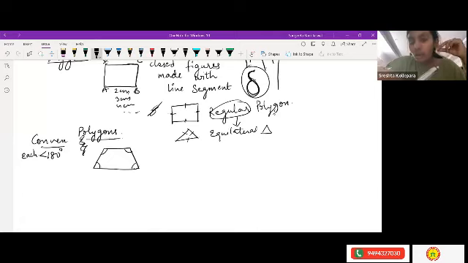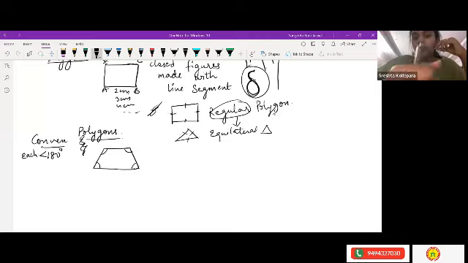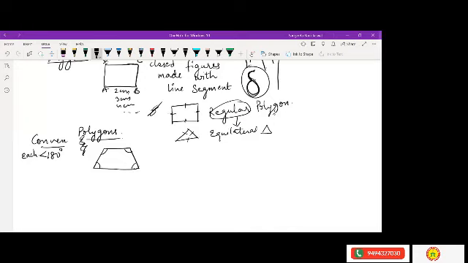What are the polygons which have angles less than 180 degrees called? They are called convex polygons. It can be any polygon: an 8-sided figure, a 9-sided figure, 11, 12, even a 23-sided or 25-sided figure, whatever it is.